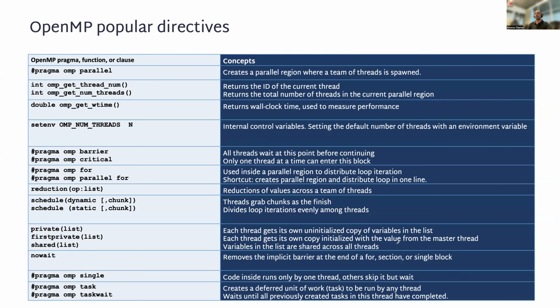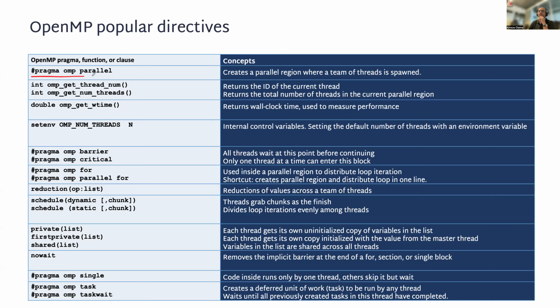Okay, so in this table, I provided a list of useful and the most popular OpenMP directives. In today's lecture and the next one, I'm going to go through most of them, but let me explain some important ones.